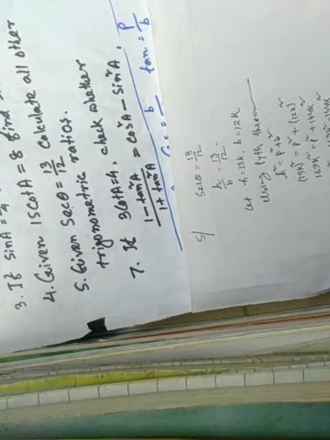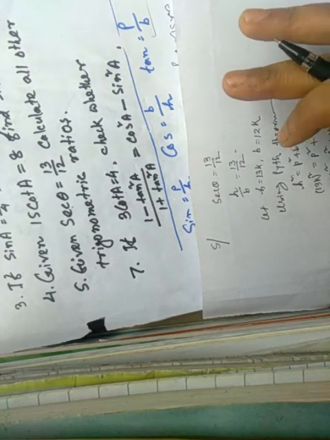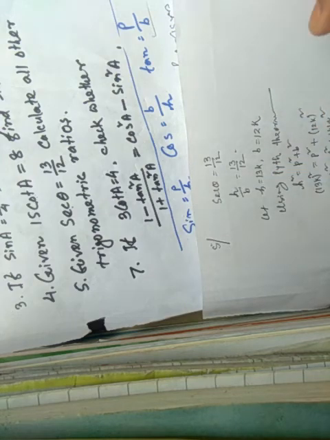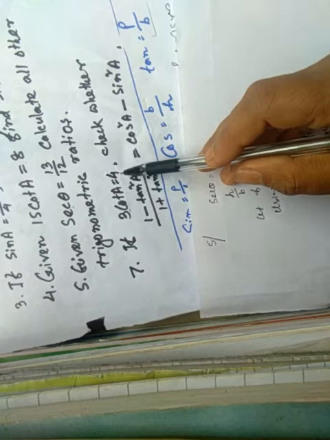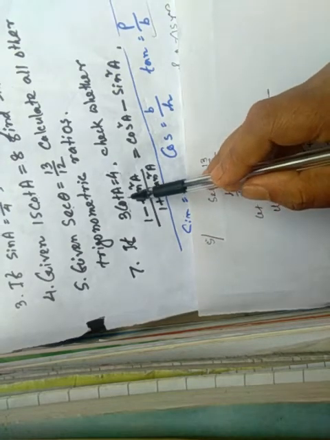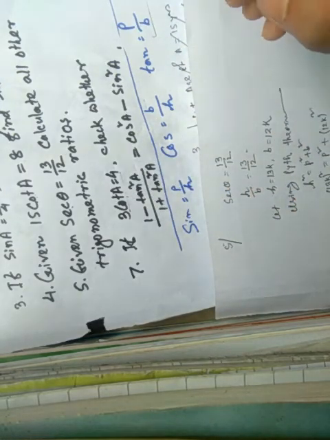Now I discuss question number 7. It is also very simple. 3 cot A equal 4. Check whether this equal this. From 3 cot A equal 4, we get the value of perpendicular and base, and we should find the hypotenuse using Pythagorean theorem.